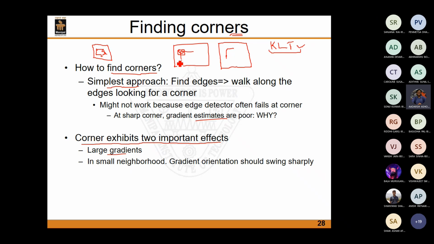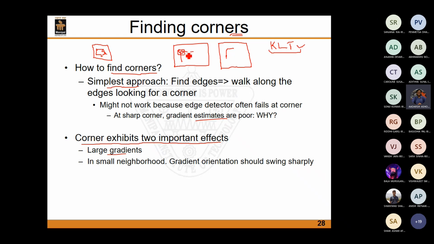If there is a corner in this region, then it will have non-zero gradient information which is large in value also. If you calculate the gradient along this direction, you do have a gradient. Here also, you do have a gradient. And because there is a corner present over here, the gradient magnitude that you have is large.